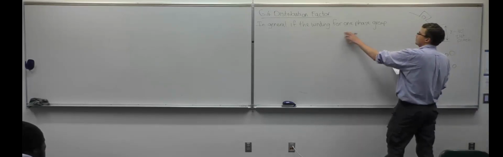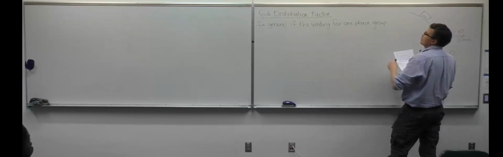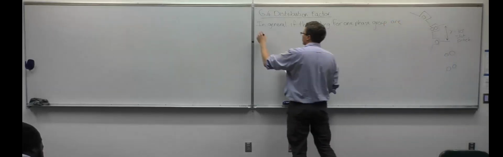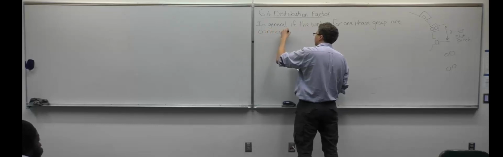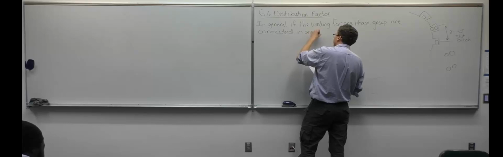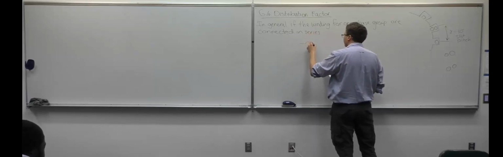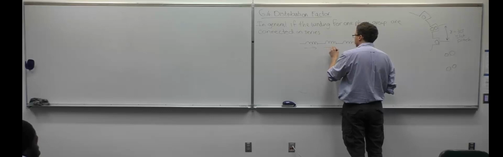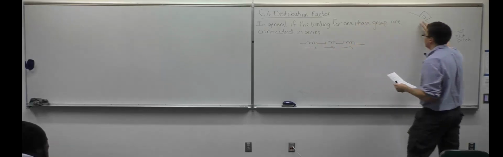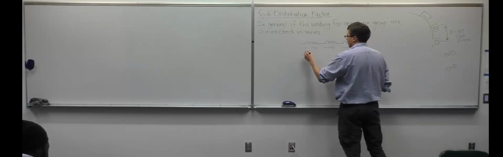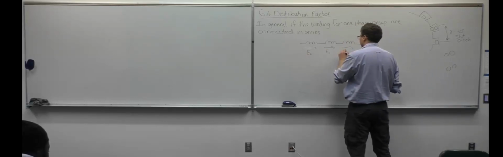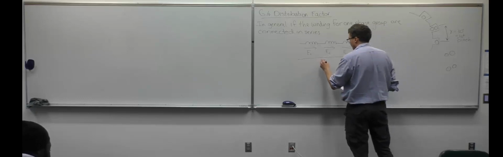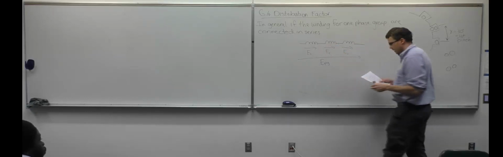So in general, if the winding for one phase group is connected in series, then each of these sets of coils, these phase groups, would have a voltage associated with it, induced voltage, back EMF voltage, and then they would sum up to be some total.